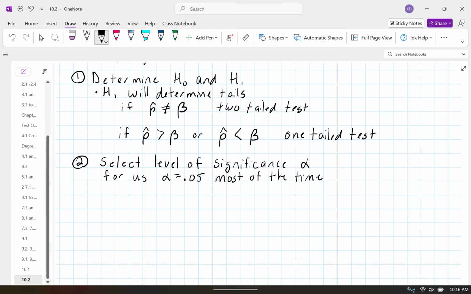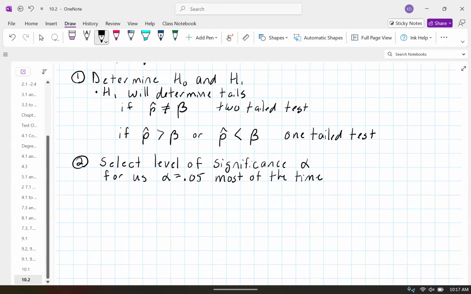I honestly can't think of a case where I would use an alpha bigger than that. So like a 0.1, which would be the 90%. If anything, your alpha will get smaller. So 0.01 is common. I have seen 0.001. But most of the time for us, 0.05 is great. That's significant enough.